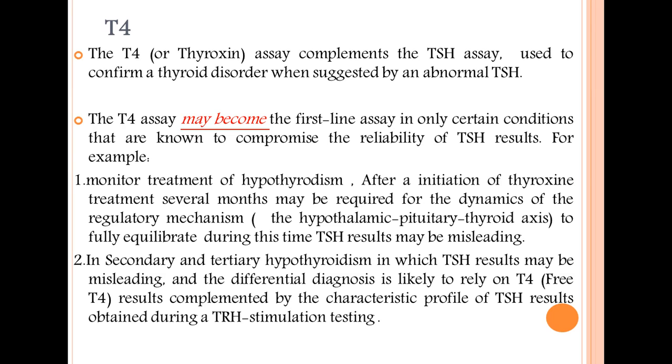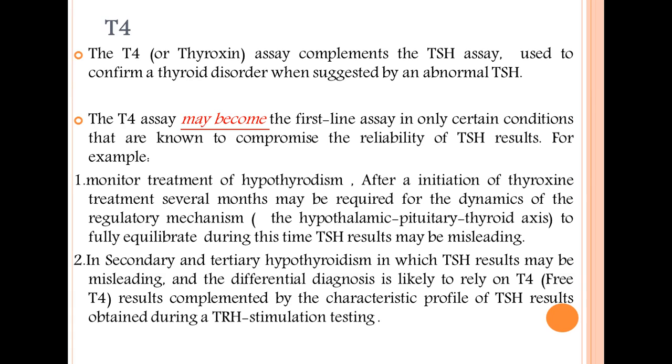He will take thyroxine as a supplementary or replacement therapy instead of the low thyroxine produced by the thyroid gland. In this case, the TSH takes time to return to normal.